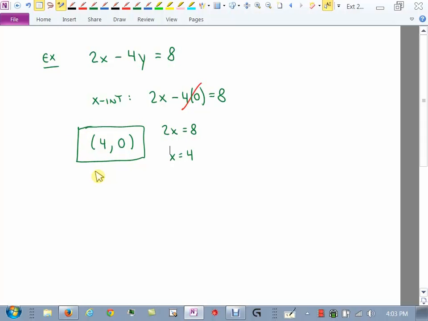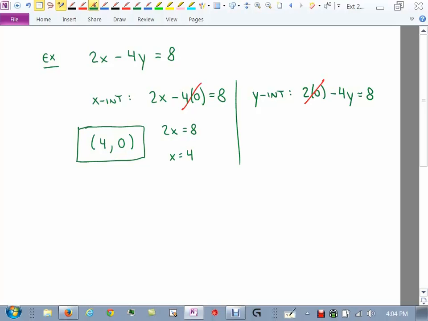And then to find the y-intercept, I do the same thing, except this time I replace x with 0. This time the term that had the x in it goes away.